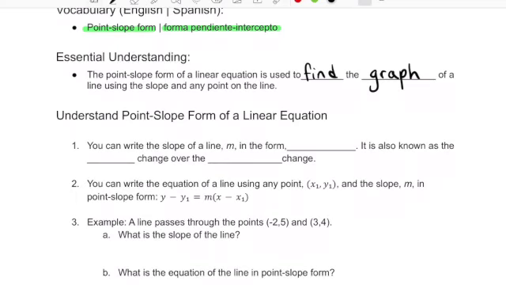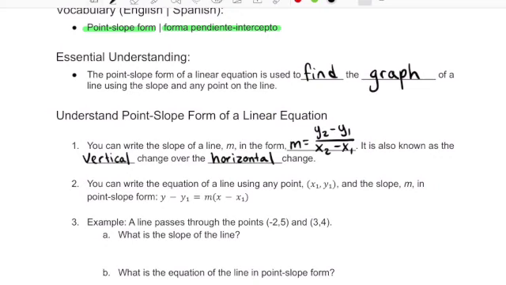You can write the slope of a line m in the form m equals y2 minus y1 over x2 minus x1. It is also known as the vertical change over the horizontal change.